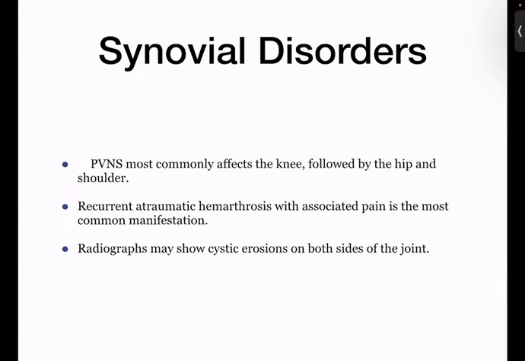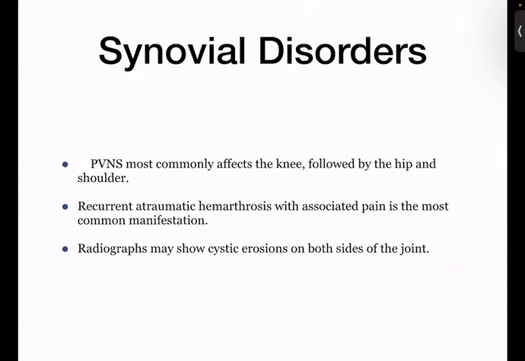But usually it's associated with pain, which is the most common presentation, and the radiograph may show cystic erosions on both sides of the joint. Why? If it goes untreated, it can have hemosiderin deposition inside the knee, hip or shoulder joint.